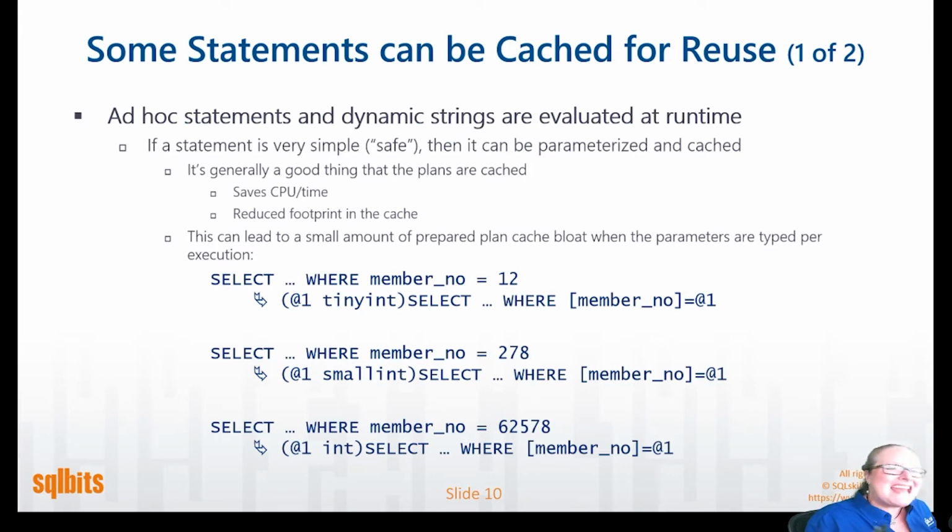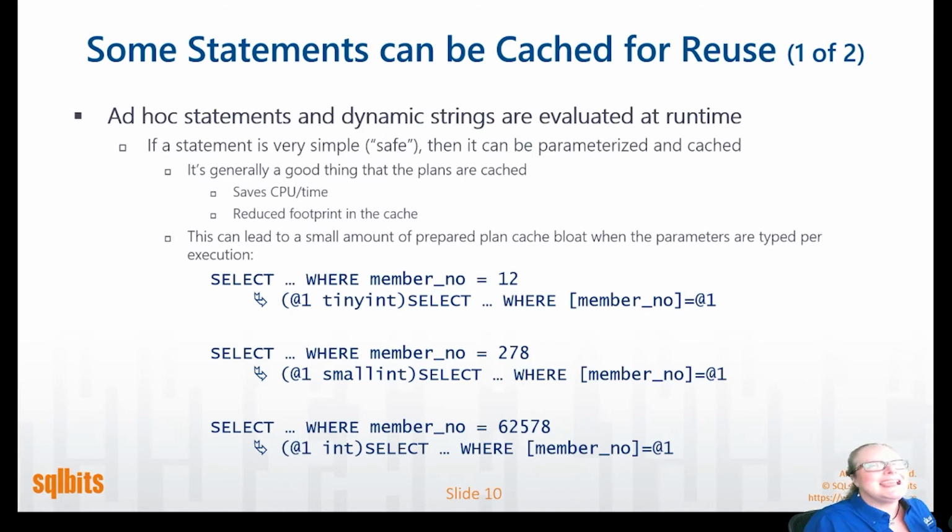Now there is one negative here, and I'm showing that on the slide. Each time we execute, SQL Server is going to determine the data type of that literal and actually put a plan in cache for that data type. So you get a little bit of what we call prepared plan cache bloat. You'll get one for each of those different data types.